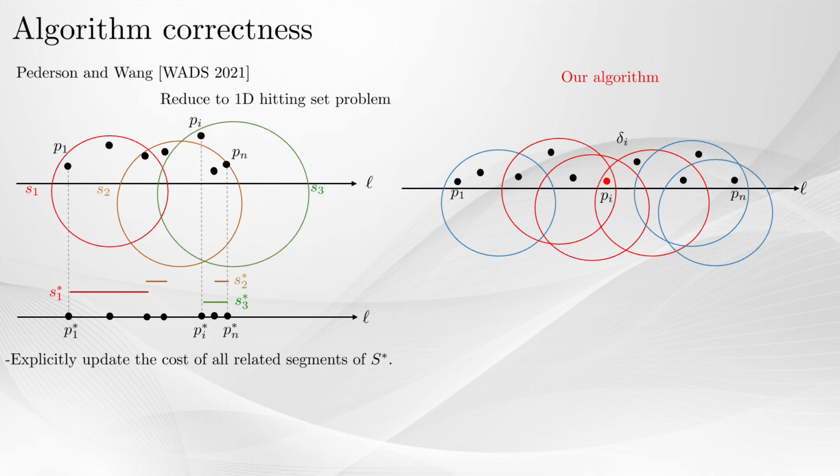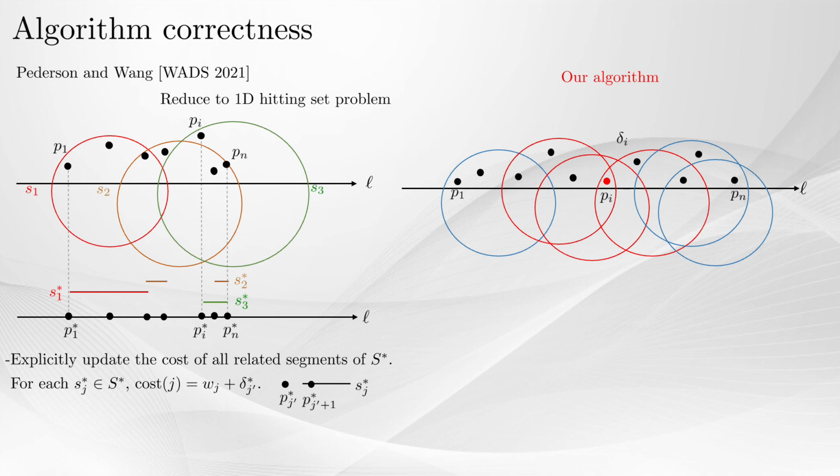So we still use their algorithm, so we can say they explicitly update the cost of all related segments of S star. As we said before, they project each disk to multiple intervals on line L, and then they reduce to the 1D hitting set. Then for each segment SG star, they need to use the formula to update the cost of the SG star.